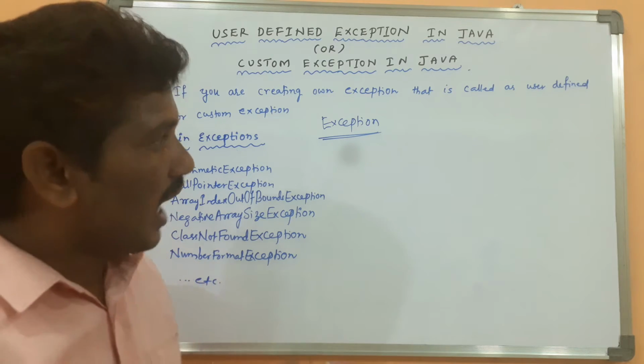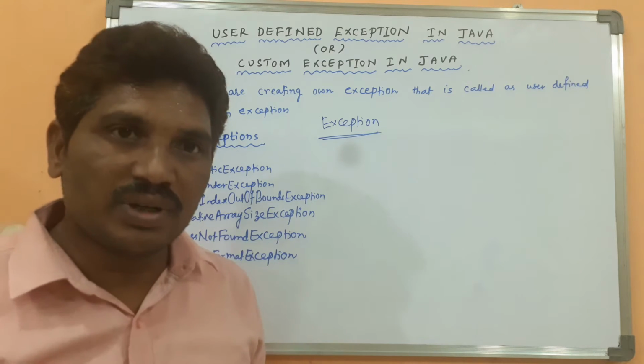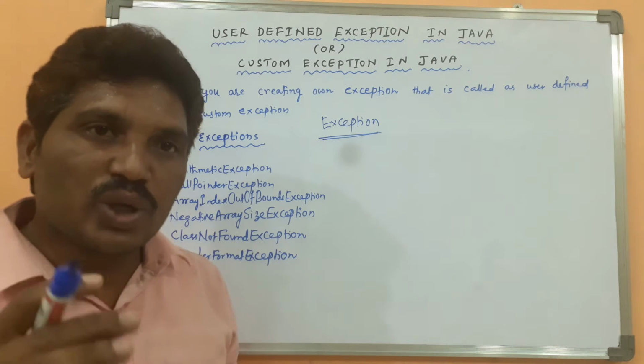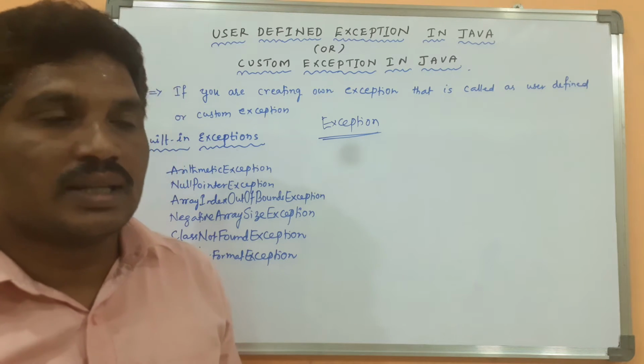Today I will explain with the help of an example. First I will write the example, and with the help of that example I will explain how you create it.